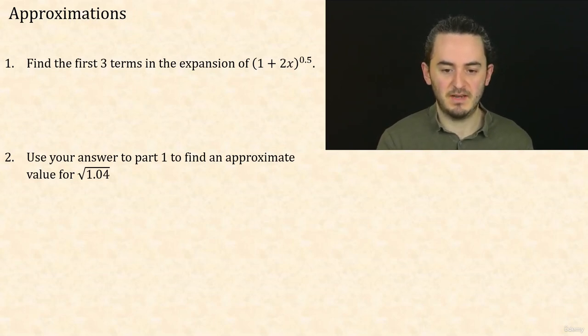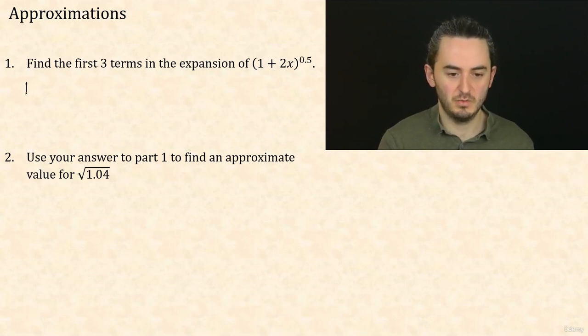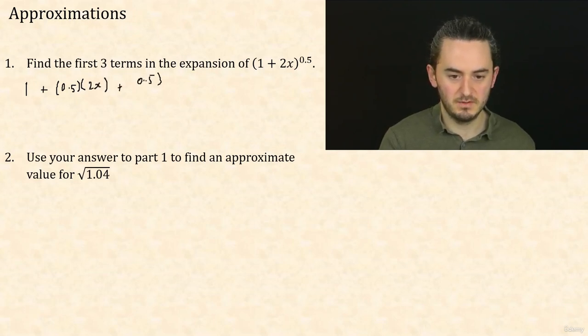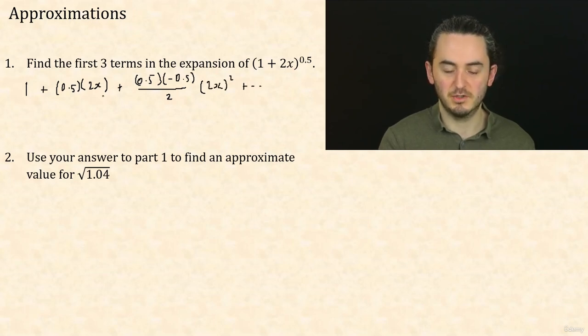Okay, let's just expand this. So I'm going to use my formula. Notice the first term is 1, so I can just go ahead and use it. So it's 1 plus n, which is 0.5, times ax, which is 2x, plus n, which is 0.5, times n minus 1, which is minus 0.5, over 2, multiplied by ax squared, plus dot dot dot.